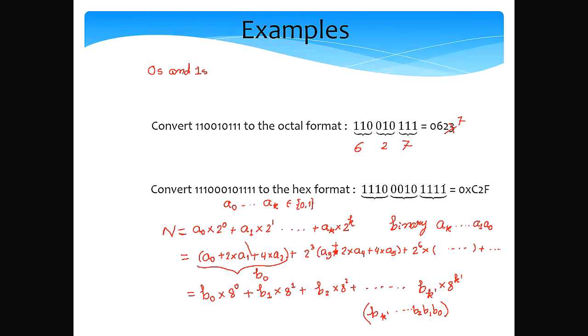We group 4 binary digits, so 1111 is an F, 0010 is 2, and 1110 is 12, which is the hex digit C. So what we have is a very compact representation for 12 binary bits using 3 hexadecimal digits.